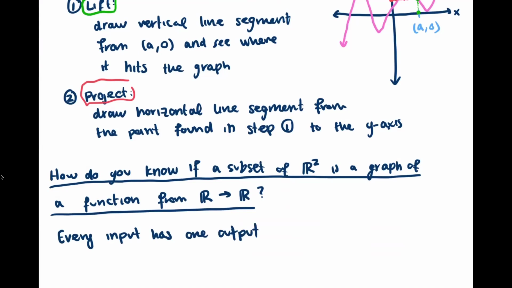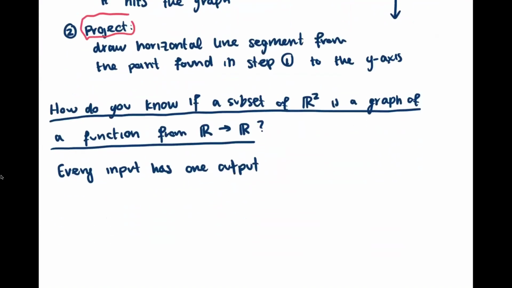So how do we transform this into a rule for deciding whether or not a subset of R2 is actually the graph of a function? Here's how this works. It's called the vertical line test. It says that if I take a vertical line and sweep it across R2, then it has to intersect the graph of the function once everywhere, right?